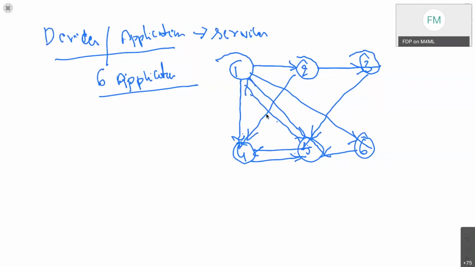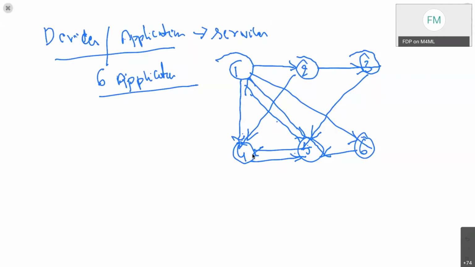Here, the weightage has been given for a set of applications, where we assume these services are executed by this set of applications. Each application is relevant to other applications.